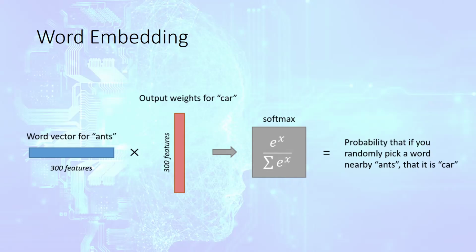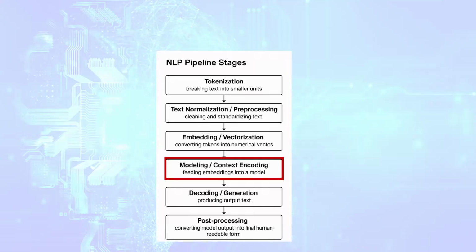So I just calculate the scalar product, dot product, of the word vector for ants with the weights for the word car, and then I apply softmax, and I have the corresponding probability. Okay. So this was vectorization.